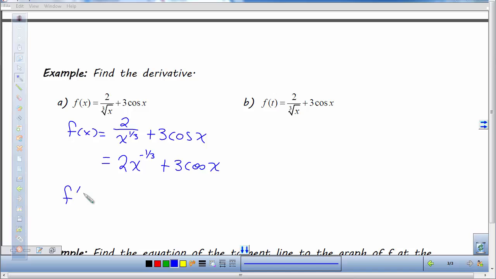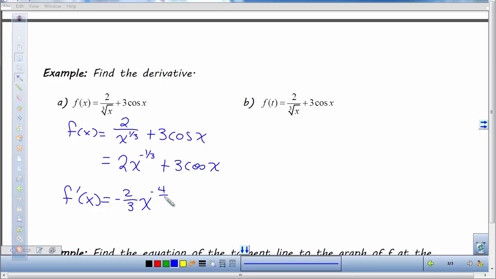Now, f prime of x is equal to what? Negative 2/3 x to the negative 4/3. Very good.